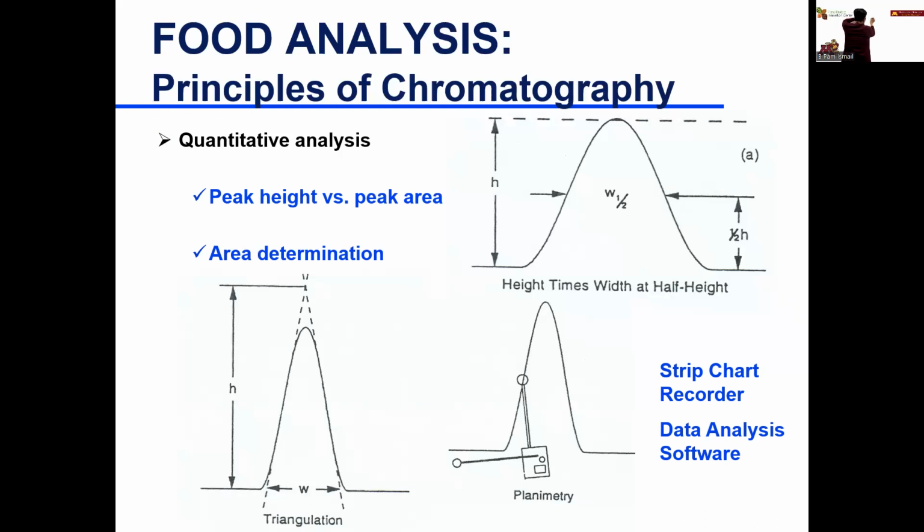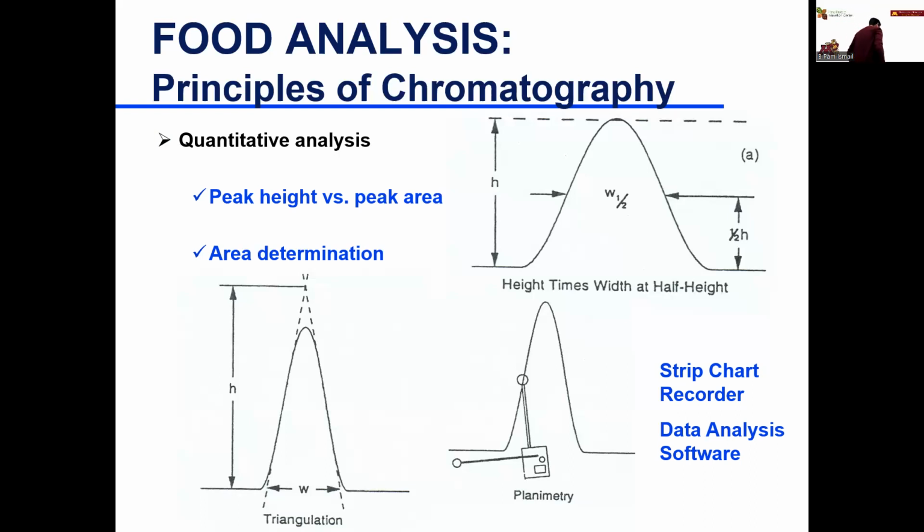But you're still getting resolution. You're fine, you don't need to change anything. But the height now is shorter. So taking the height is misleading in terms of quantity. If we take the area, this area will be equivalent to this area, irrespective of the height.